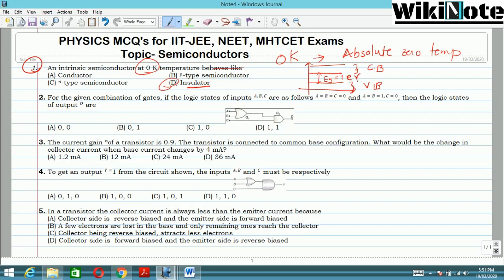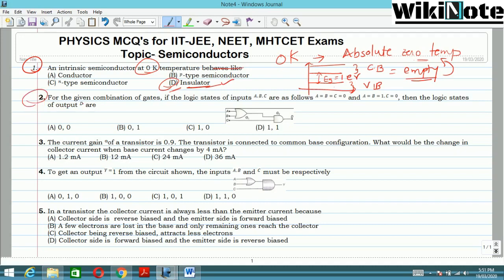Just an approximate figure I have taken. At absolute zero temperature, no electron will jump from the valence band into the conduction band, and that's why the conduction band is completely empty in case of a semiconductor at absolute zero of temperature, and that's why it behaves as an insulator. That should be your answer.